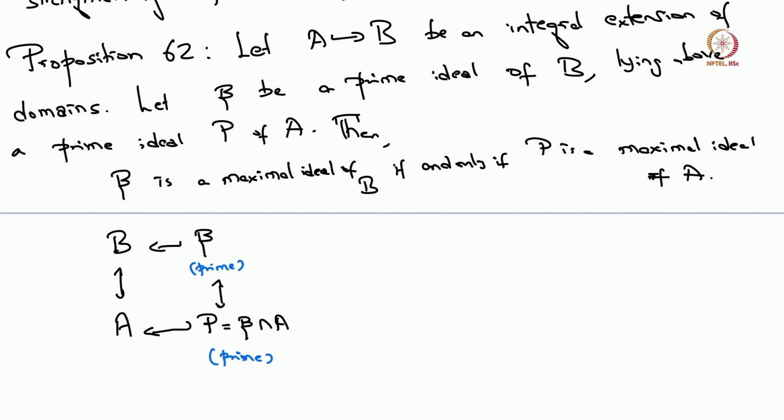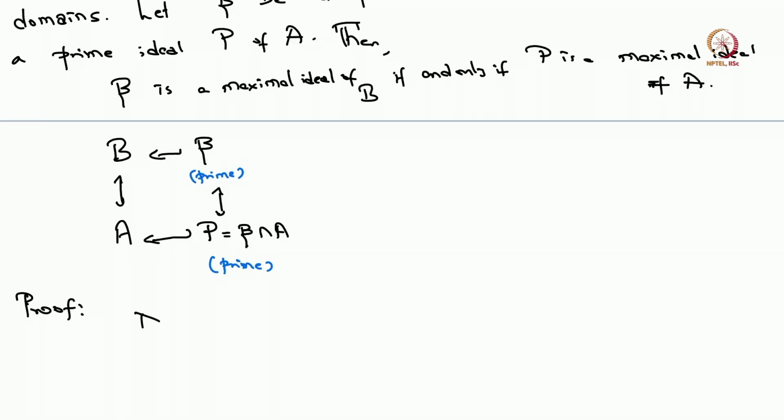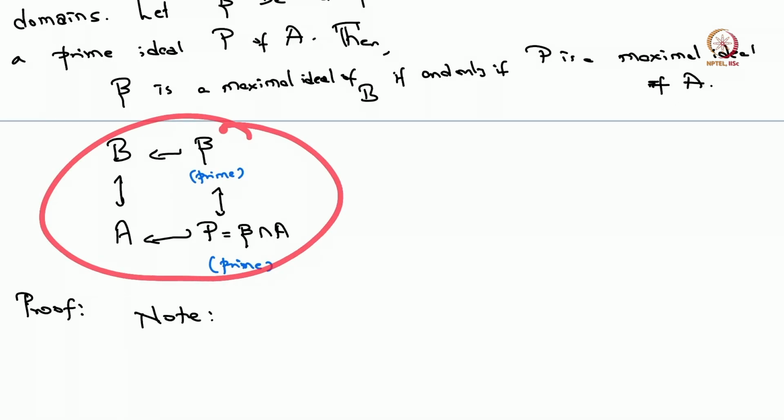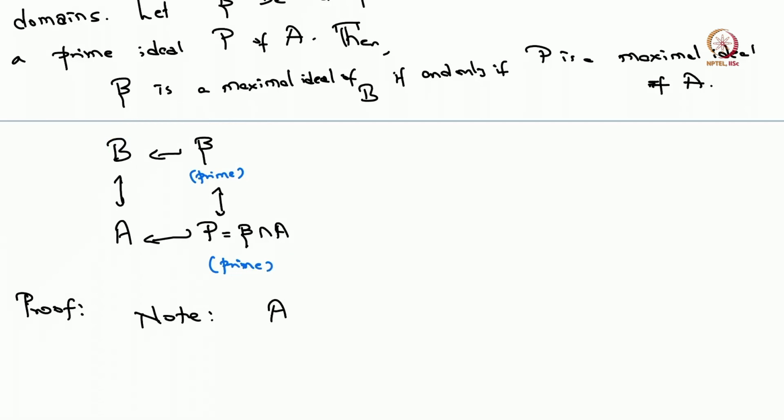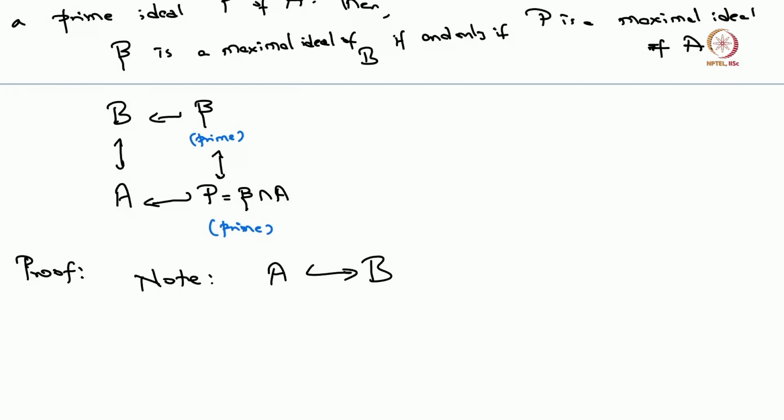Okay, so let's prove this proposition. Just note that what this commutative diagram tells us is, A sits inside B, and this is an integral extension by the hypothesis of the proposition, and under this inclusion P sits inside beta.